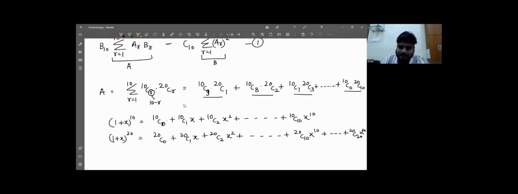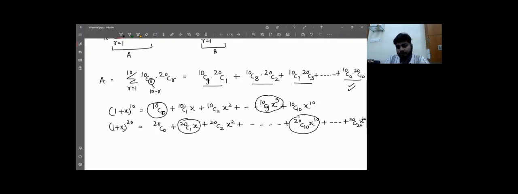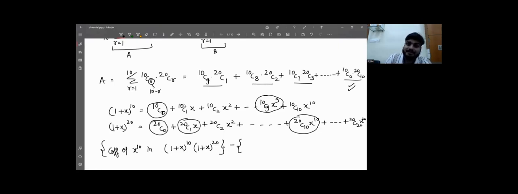So we can analyze that if we multiply 10C0 by 20C10 x^10, we get this term, which is the coefficient of x^10. Similarly, 10C9 x^9 multiplied by 20C1 x is again a coefficient of x^10. So this is the coefficient of x^10 in (1+x)^10 multiplied by (1+x)^20, except for one coefficient. Here we can never get 20C0 multiplied by 10C10, so we subtract it. So we get 20C10 multiplied by 10C0, like this.